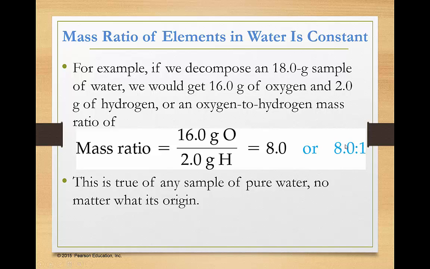That means there is going to be 8 grams of oxygen for every 1 gram of hydrogen. That's going to be true of any sample of pure water, no matter where it comes from. As long as you don't have other contaminants in that water, which would make it a mixture, it is going to have that ratio of 8 to 1.